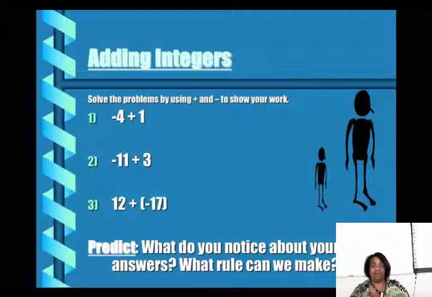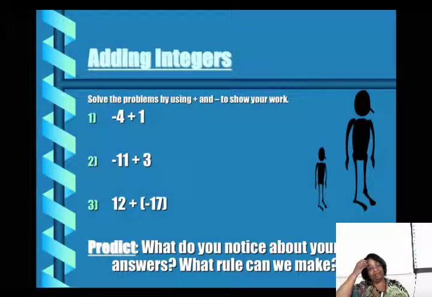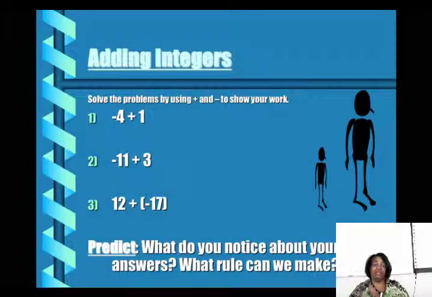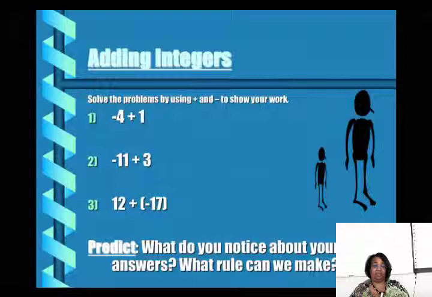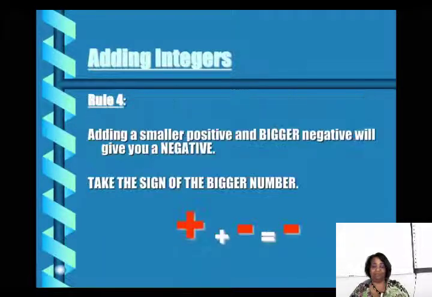Let's do these addition problems. What is number 1, where we have negative 4 plus 1? Negative 3. And then on number 2, we have negative 11 plus 3? Negative 8. And then on number 3, we have 12 plus a negative 17. Negative 5. Right.